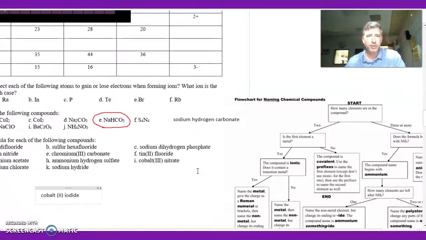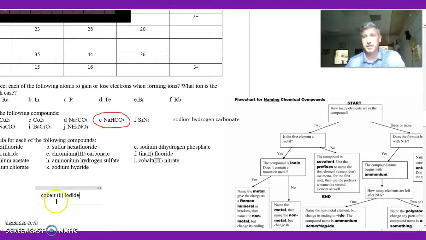And because there are 2 of them in CoI2, and because the total compound charge has to be 0, which is an important thing to remember, the charge on the cobalt must be +2. And since cobalt can have a variety of charges, which is another way of saying oxidation states, we have to list that oxidation state or charge as a Roman numeral.